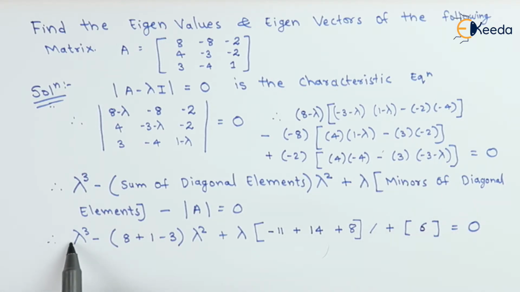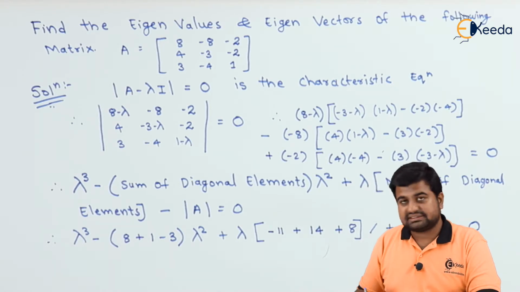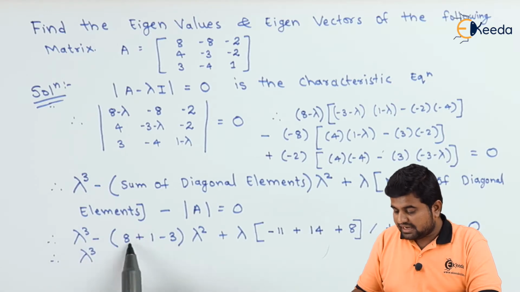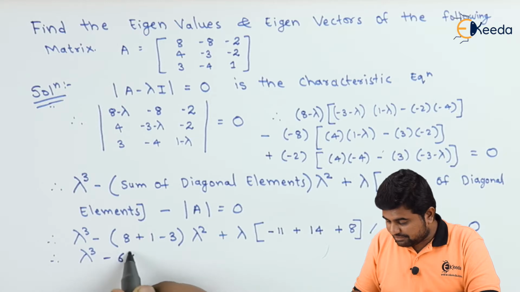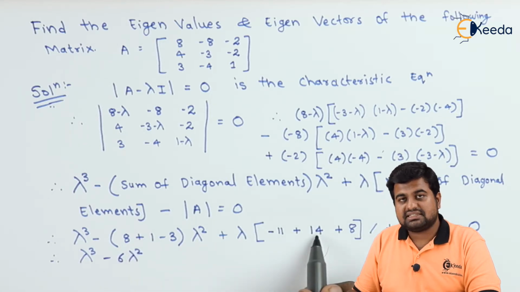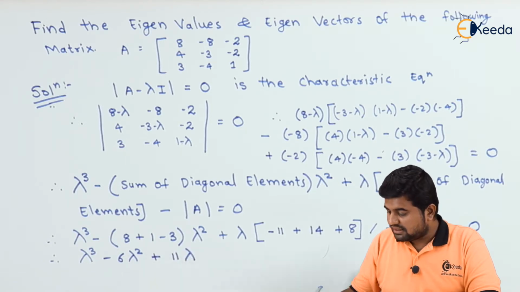And here it should be plus, minus, plus, and here it should be minus, so minus 6. Therefore, you will get lambda cube, 8 minus 3 plus 1 is 6, minus 6 lambda square, minus 11 plus 14 is nothing but 3 plus 11, and this minus 6 is equal to 0.